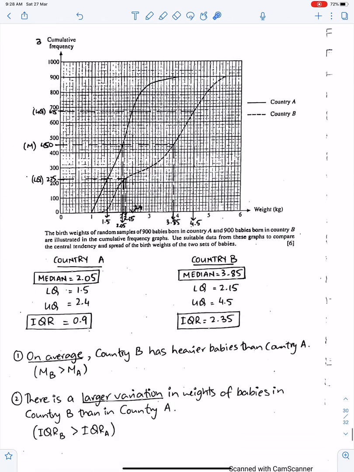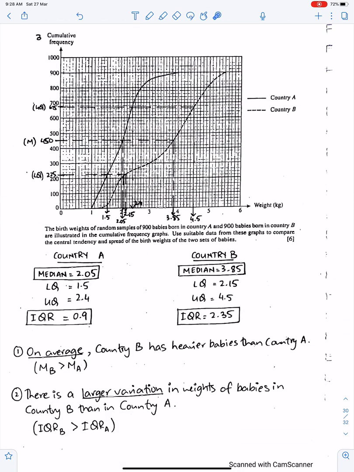Now this question is important. The birth weights of random samples of 900 babies born in country A and 900 babies in country B are illustrated in these CF graphs. Use suitable data from these graphs to compare the central tendency and spread of the birth weights of the two sets of babies.